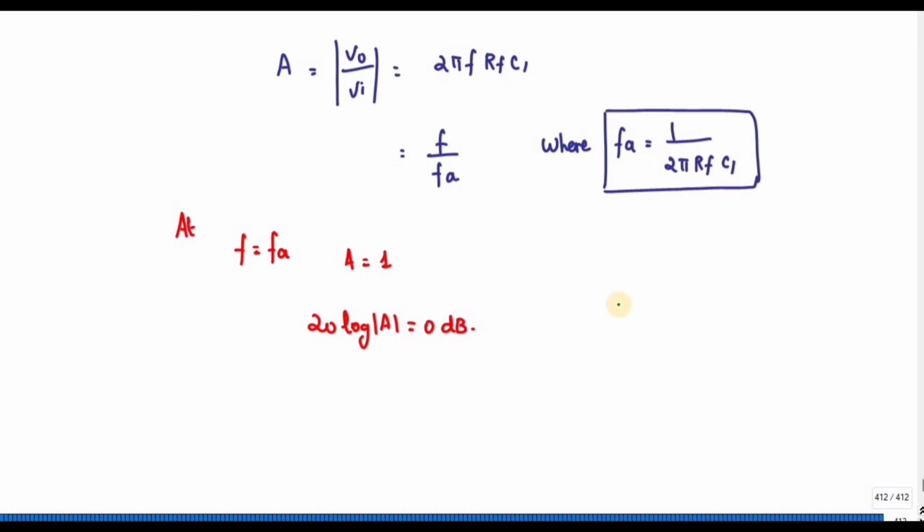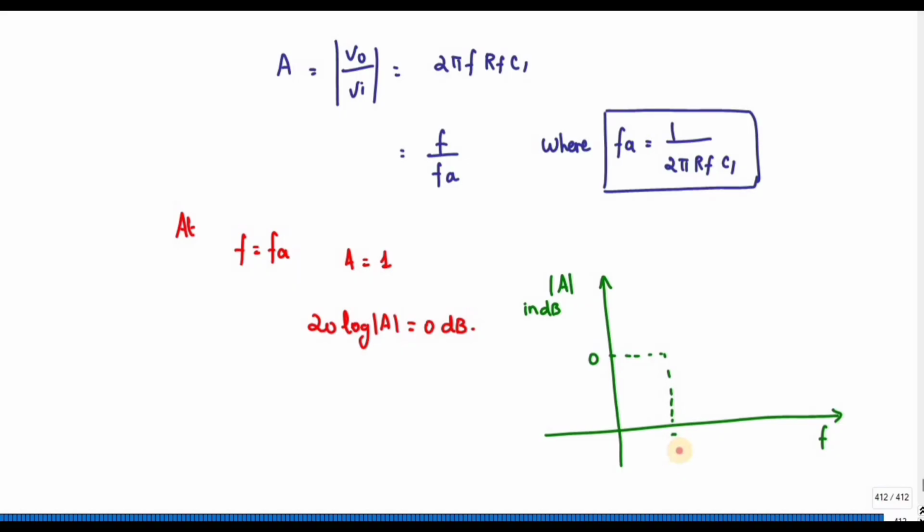So if I draw the diagram for frequency and gain in dB, it is 0 when f is equal to fa. And this pink line is nothing but my open loop opamp response.